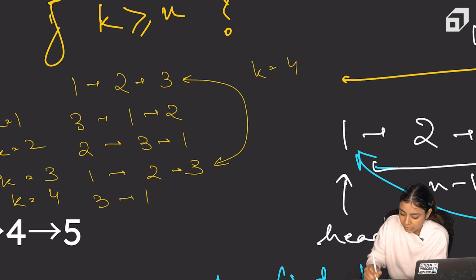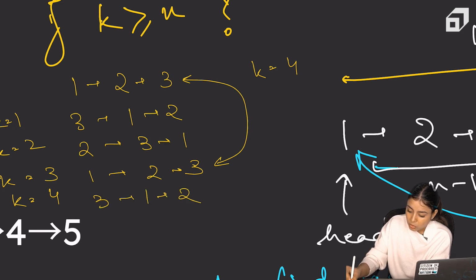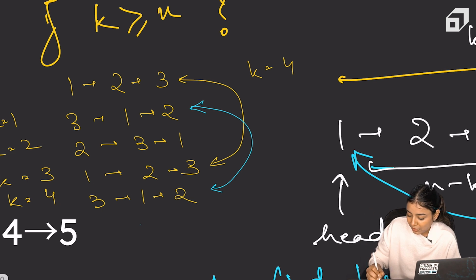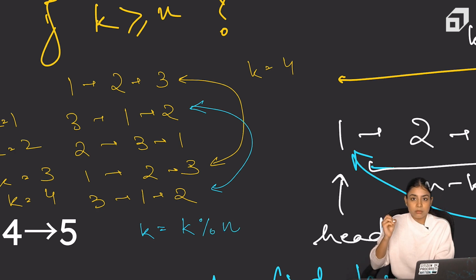Again 3 will come in the beginning. So now this and this are equal. What we were getting at k equal to 1 is the same as what we are getting at k equal to 4. So that means the actual value of k should be k modulo n.